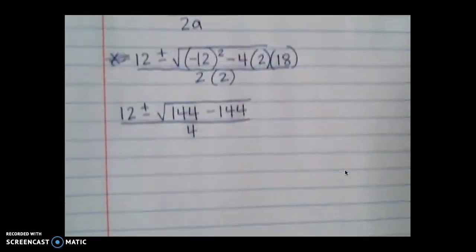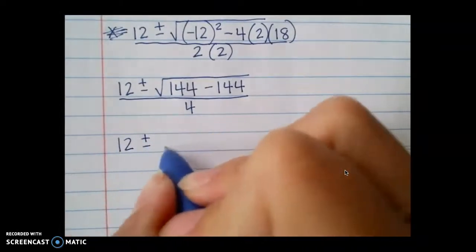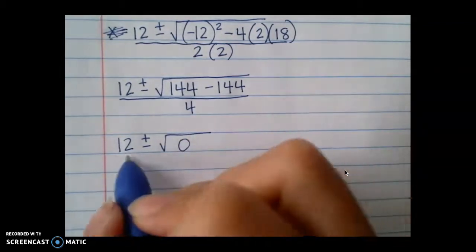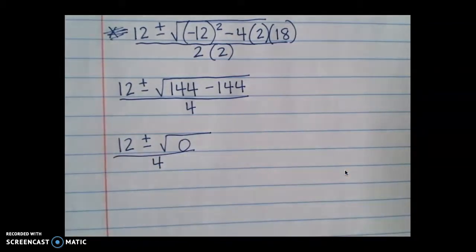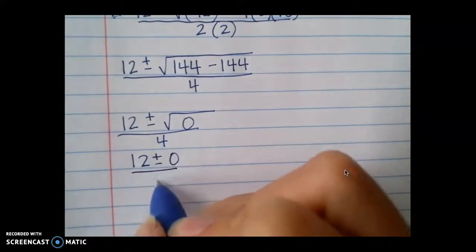All right, let's keep breaking it down a little bit more. We have 12 plus or minus. What is 144 minus 144? It's 0. The square root of 0, what number times itself is 0, is just 0. So we're going to have 12 plus or minus 0 divided by 4.